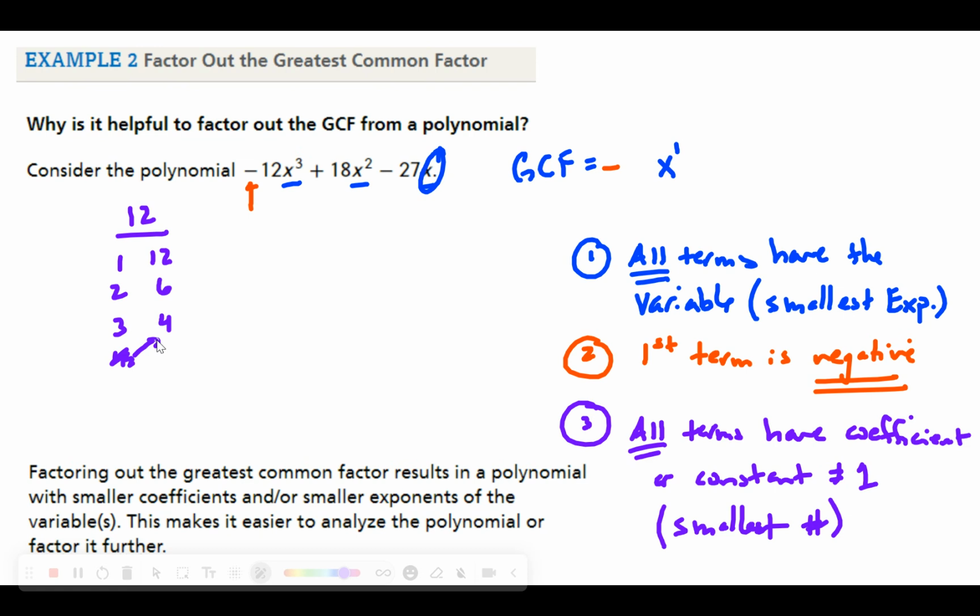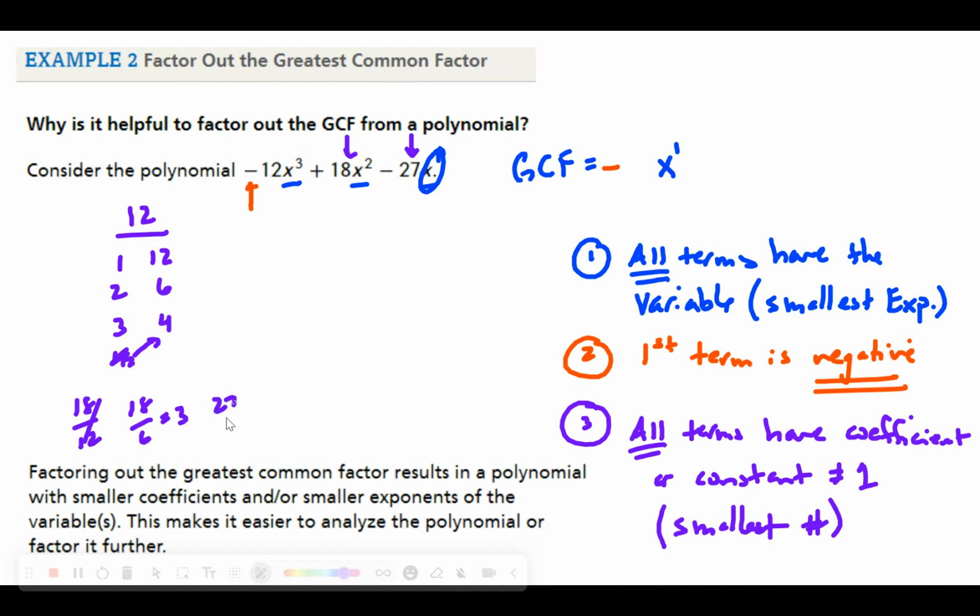So now I am looking for which of these numbers is the biggest that divides into 18 and 27 as well. So like, is 18 divisible by 12? No, it's a decimal. Is 18 divisible by 6? Yes, you get 3.